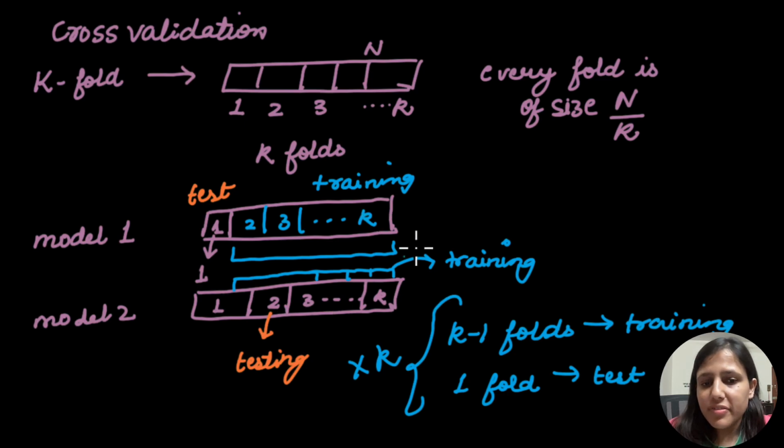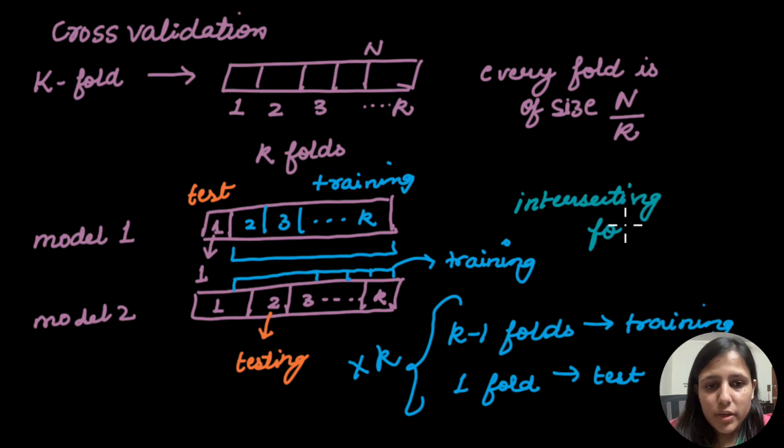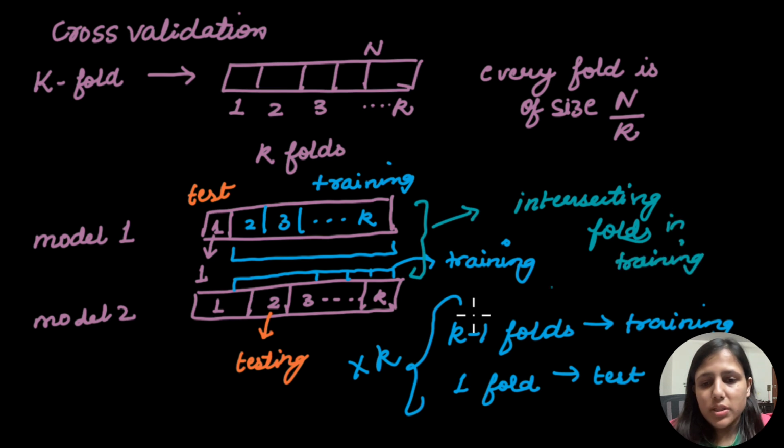So there is definitely an intersection. Here you can see clearly that they are intersecting folds in training. So this is not true.